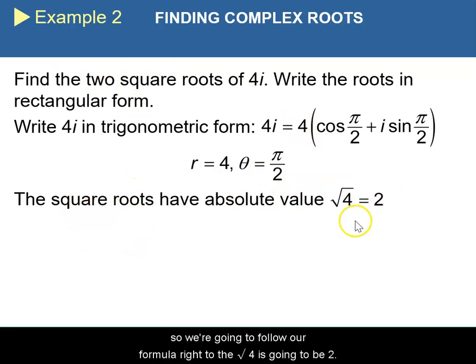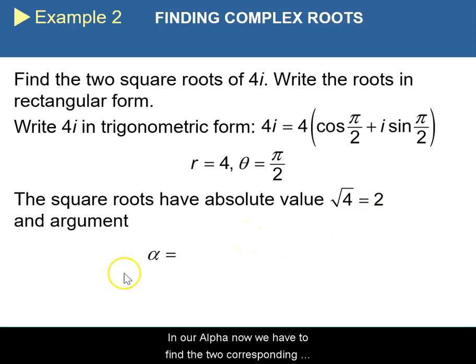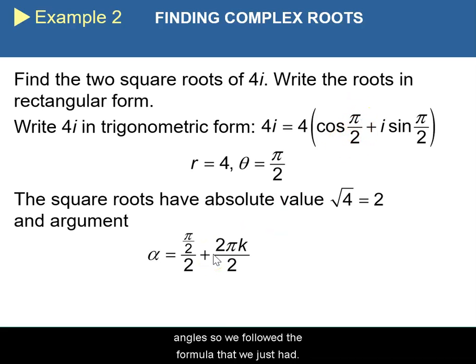So the square root of 4 is going to be 2. And for our alpha, we have to find the 2 corresponding angles, so we follow the formulas that we just had. Theta divided by 2, and we're going to add 2 pi over 2 times k. The first k is 0, the second k is 1, and that's it. Remember, it ends at n minus 1, and in this case n is 2.